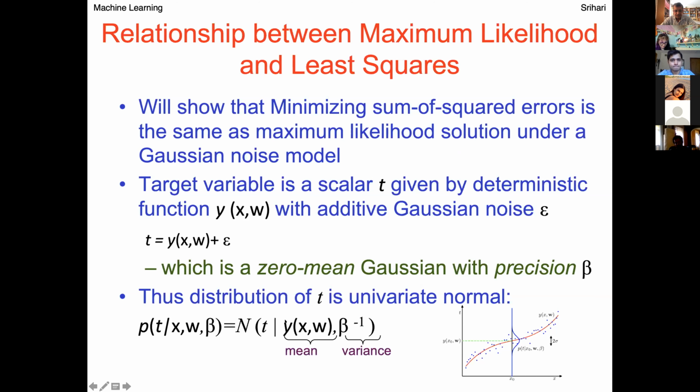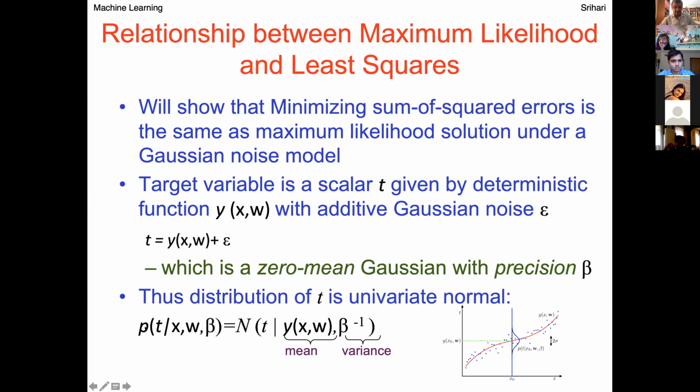Let's say there is some kind of underlying function. The target t is equal to y of x comma w. So y is the underlying function, and there's also an epsilon. It's an error where epsilon is a zero mean Gaussian with precision beta.